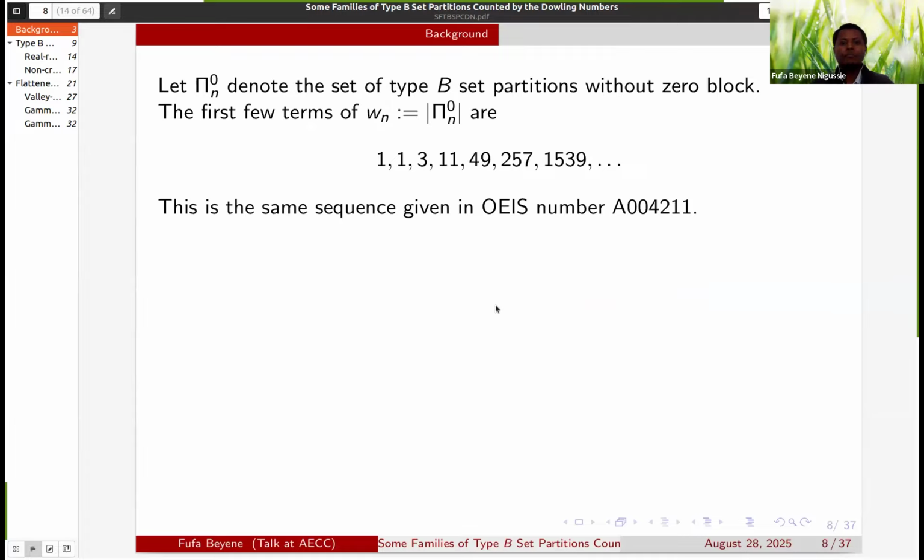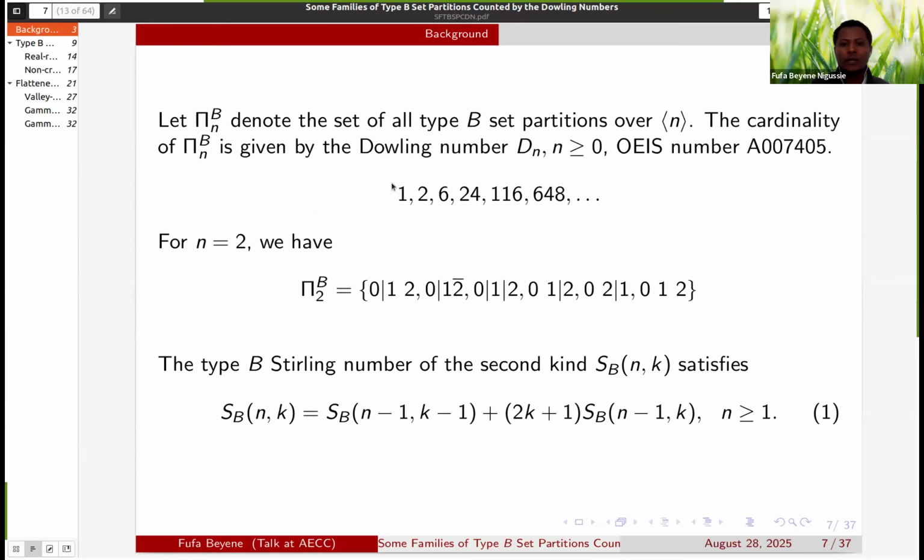So if you don't consider the 0 block, or the 0 block contains only 0, we have this sequence. And this sequence is registered in the OEIS as A004211. So we have 1, 1, 3, 11, 49, and so on. And one can consider the relation between this sequence and the above one, the general type B set partitions.